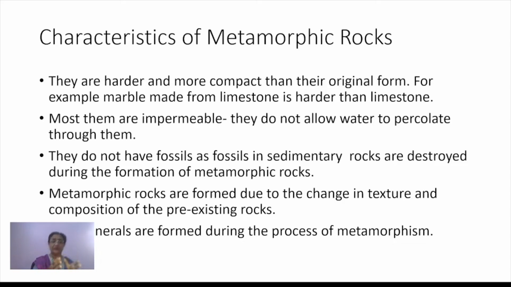Marble is a metamorphic rock formed from limestone. Limestone is comparatively a soft rock, but when it converts into marble, it is much harder than limestone. So this is one of the best examples to explain this.